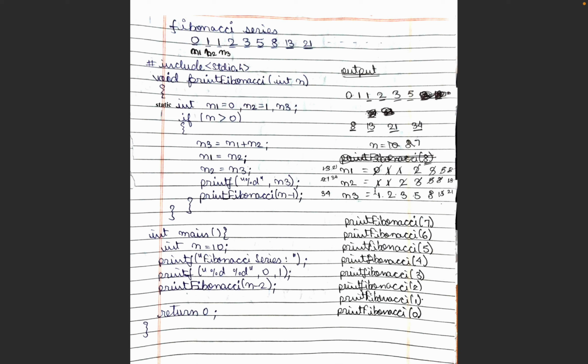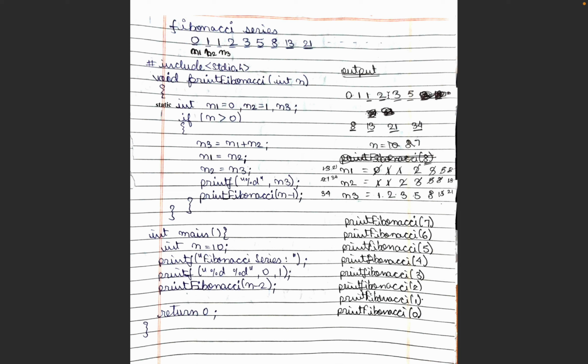So here you can write the n1 n2 n3 values like 0 1, then calculate 3. Okay, n3 calculate, and then swap the numbers, like 1 will go above, again 1 will go above, and in the second phase 2 will be calculated. Okay, so we have calculated till here.